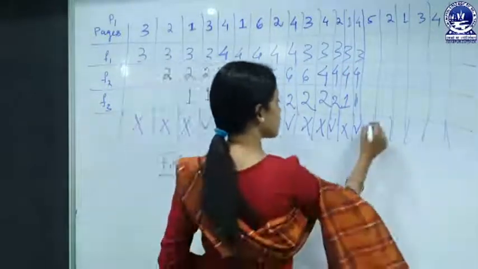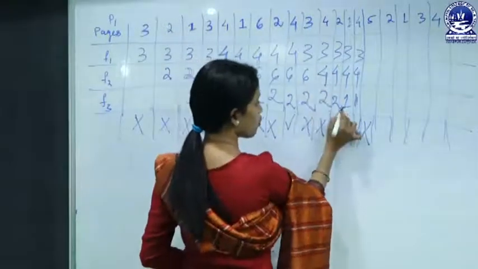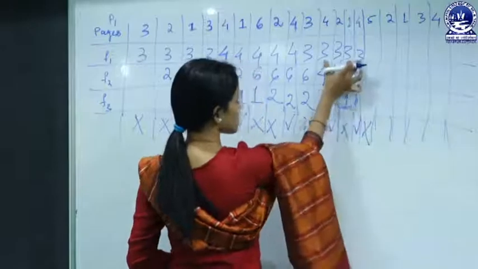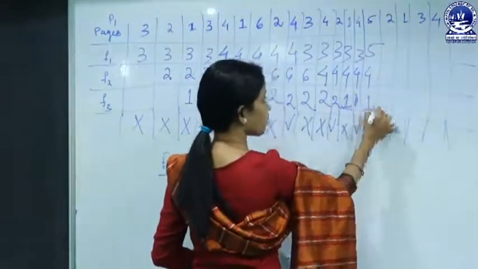In the main memory, miss, 3, 4, 1 recently used. So in place of 3 we put 5: 5, 4, 1.